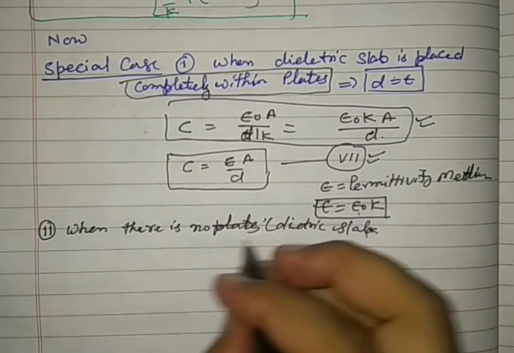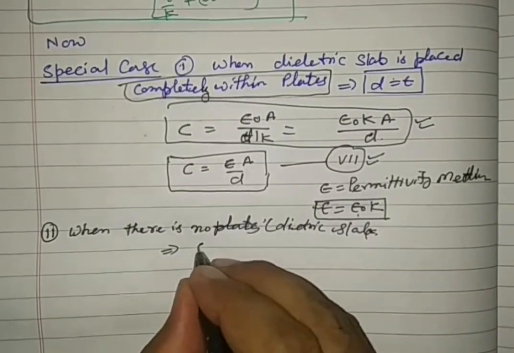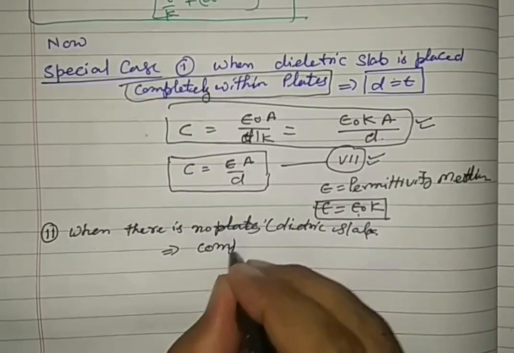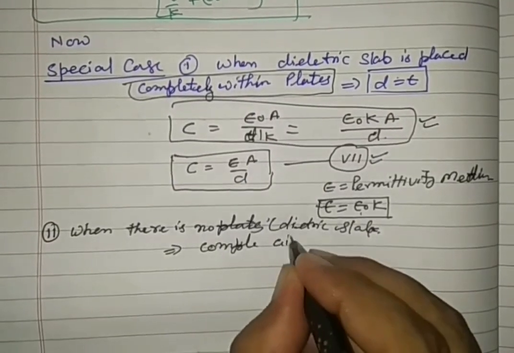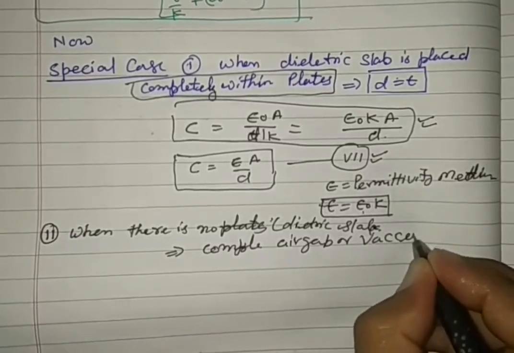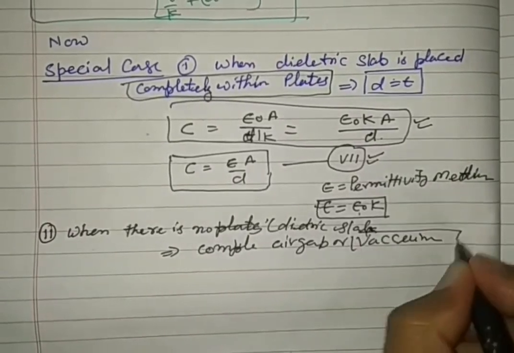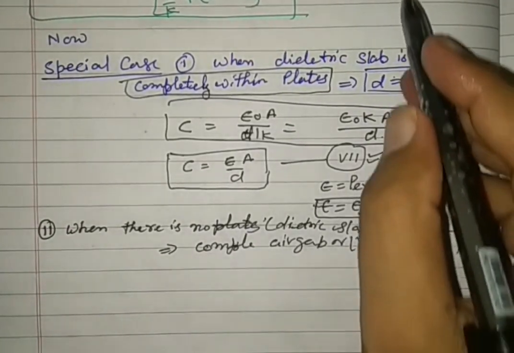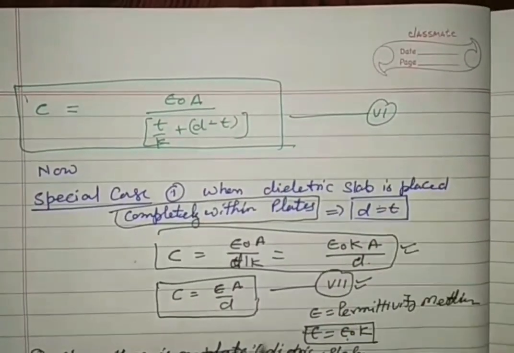It implies that there is a complete air gap or vacuum. Then see how the formula, equation number 6, will change.